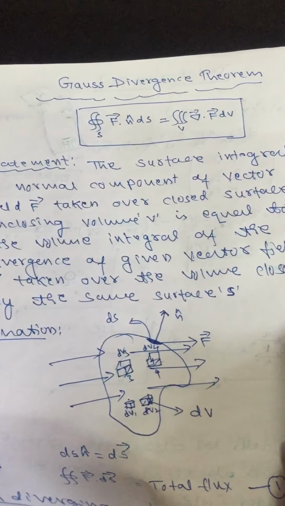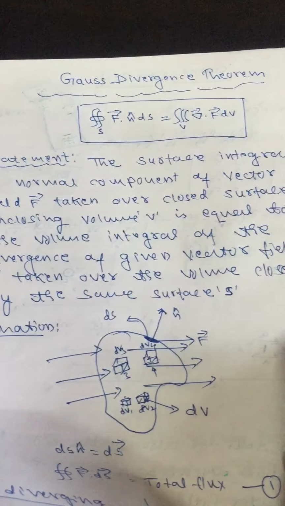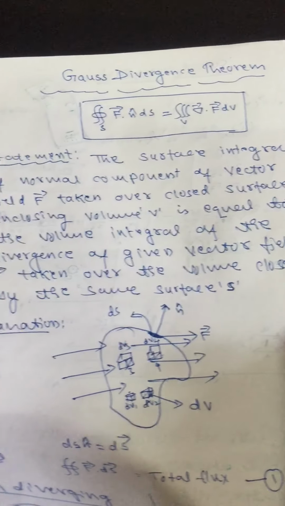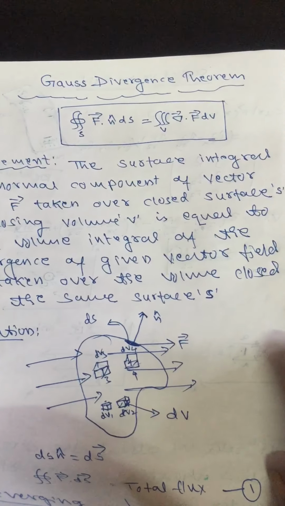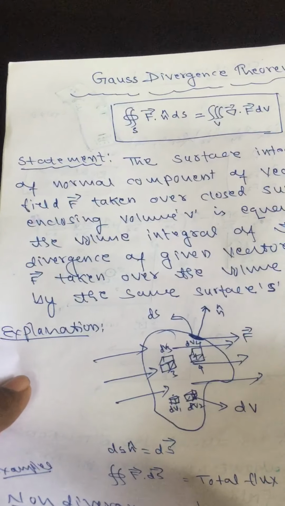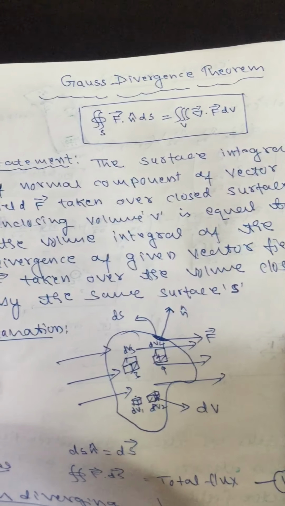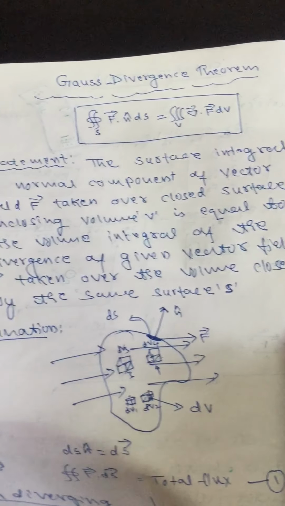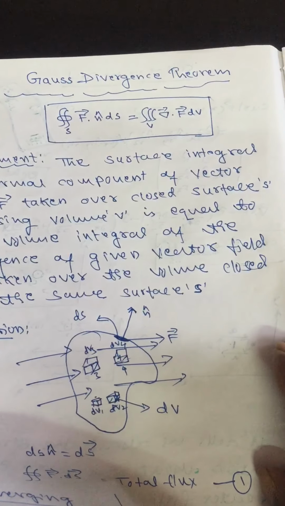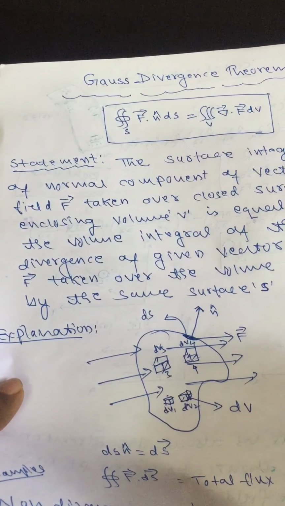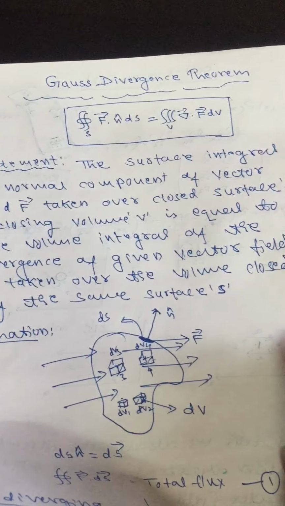The surface integral of the normal component of a vector field f taken over a closed surface S enclosing volume V is equal to the volume integral of the divergence of the given vector field f taken over the volume enclosed by the same surface S.